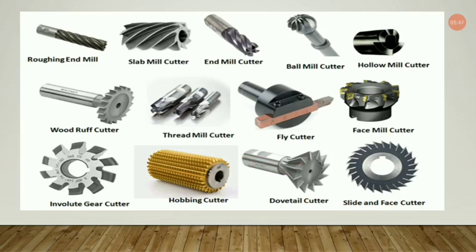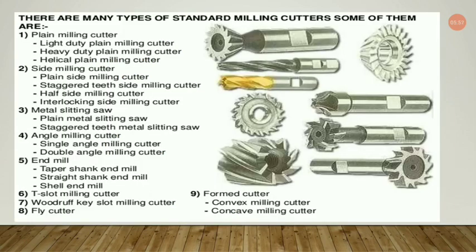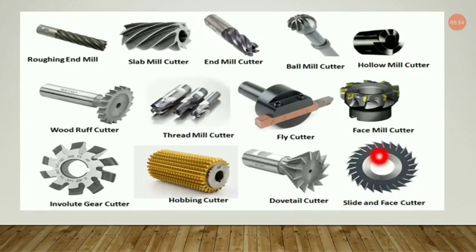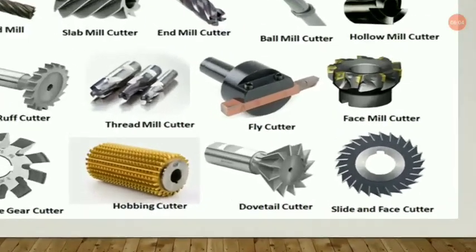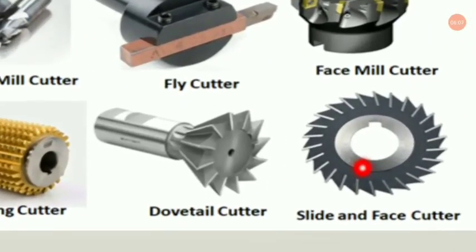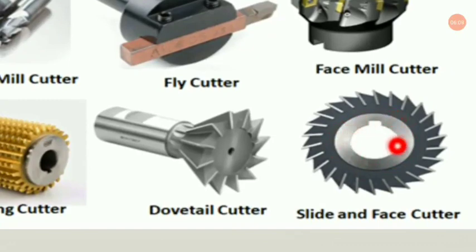You must visualize. Someone in the industry shows you this type of cutter and asks you, you are an engineering graduate, you are a BTech, just let me know the name of this particular cutter that is fitted on a milling machine.